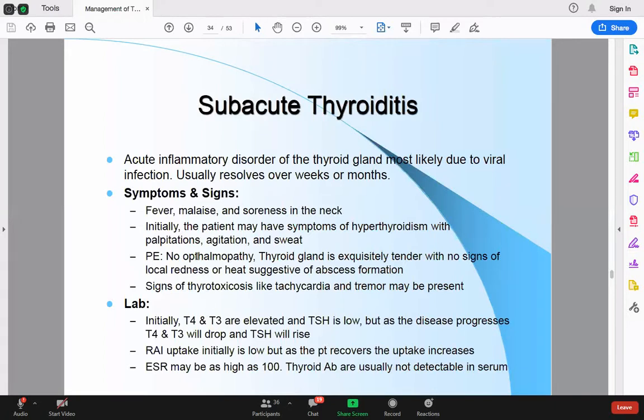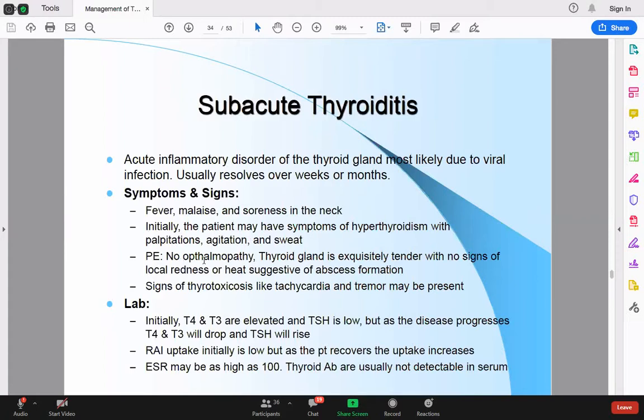In history and physical examination, notice that they sometimes present with symptoms of hyperthyroidism, but with time, they will flip. Some of them will flip to hypothyroidism. Sometimes they present with features of hyperthyroidism, usually with a sore neck, but the late phase of subacute thyroiditis is hypothyroidism, okay?